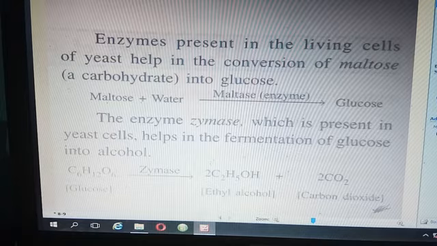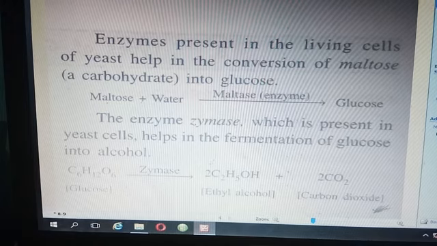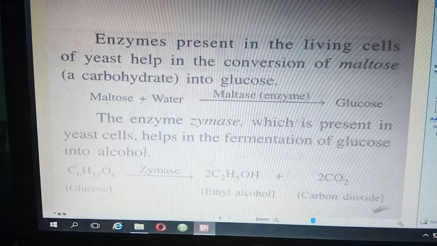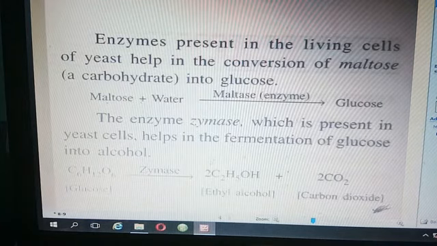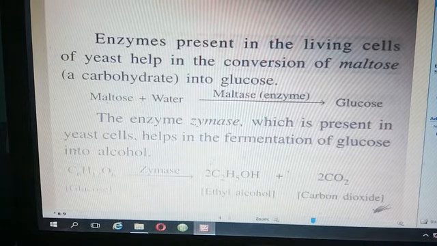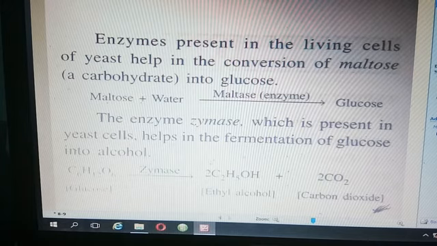So maltose plus water is acted upon by the enzyme maltase to give glucose. So what is the function of maltase then? To convert maltose to glucose. The enzyme zymase, which is present in the yeast cell, helps in the formation of alcohol from glucose.